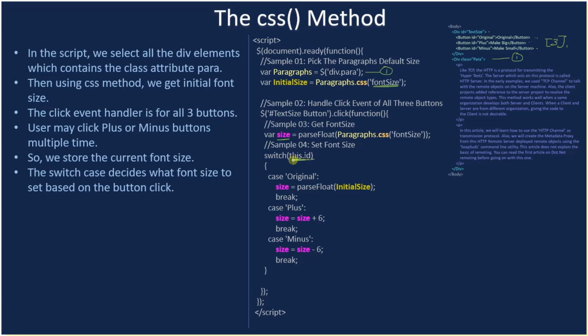We learned that in the previous sub-series when we learned about events. At that time we said that when you have a common handler, you can make use of this to know the click event source, right? We don't know whether the user clicked original, minus, or plus, right? But when you refer to this in a common handler for all three buttons, we can know.